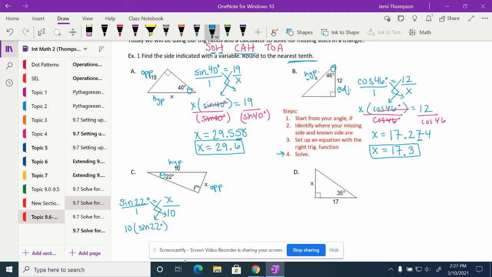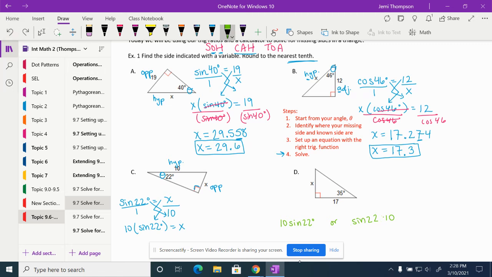And then x times 1. Let me give you a side note over here. It's important that I either write 10 first, or if I write sine of 22 first times 10, that I include parentheses. Watch what happens if I don't include parentheses.